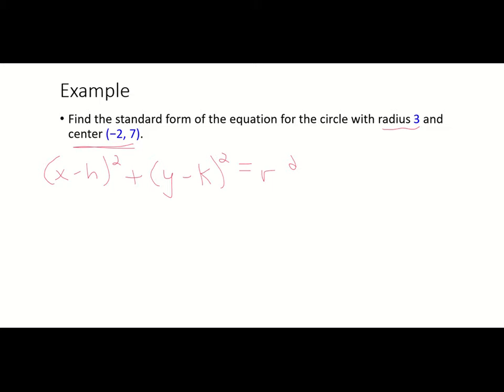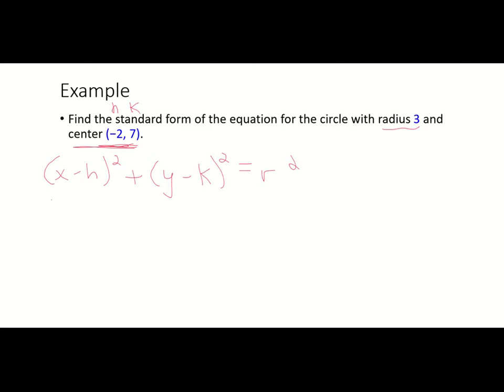So when I go to write the information that I have into an equation for a circle in the standard form, my center is (-2, 7). And remember, the first part of the center is always your h value, and the second part is always the k. Now, one thing we have to note here is when we look at this formula, it's x minus h, or x and then the opposite of h.